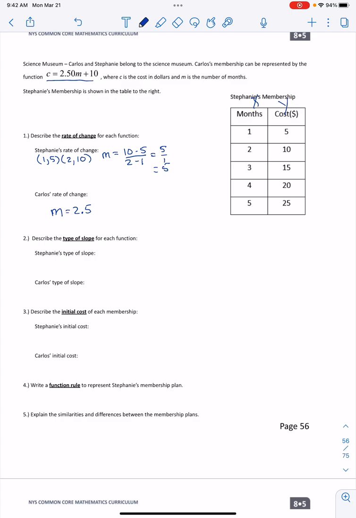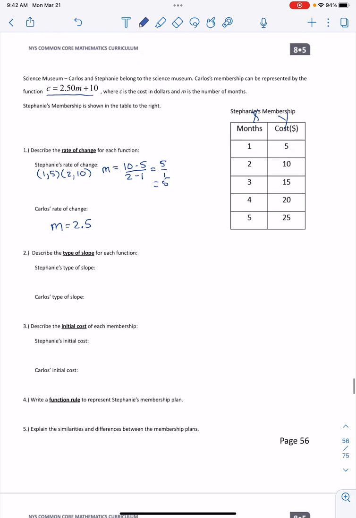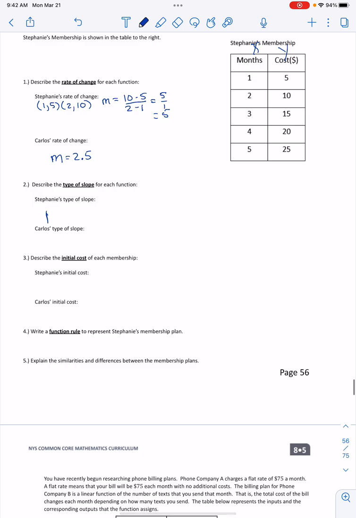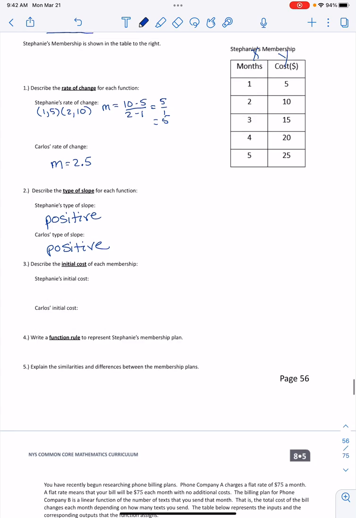Describe the type of slope for each function. Stephanie's type of slope is positive. Carlos is also positive. Describe the initial cost of each membership. Stephanie's initial cost: if I do her function rule, it would be y equals 5x plus b.